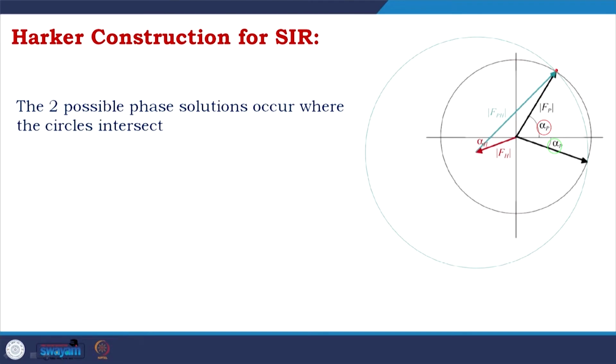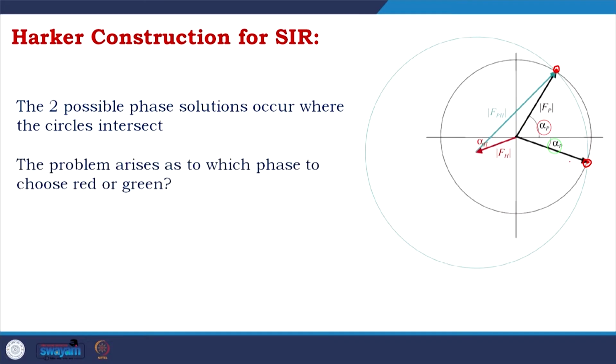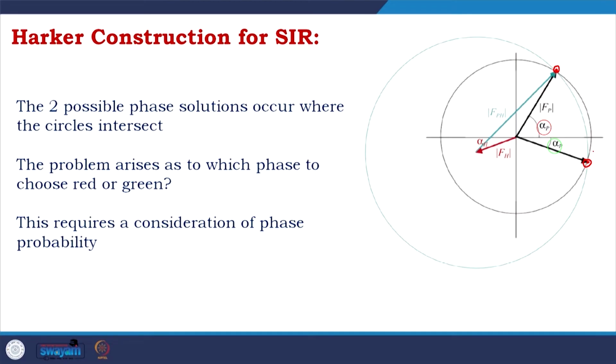So, here the circles intersect, here the circles intersect. The problem arises as to which phase to choose, the red one or the green one, because you could see that there are two different angles. This requires a consideration of phase probability, and this is called the phase ambiguity problem in crystallography.